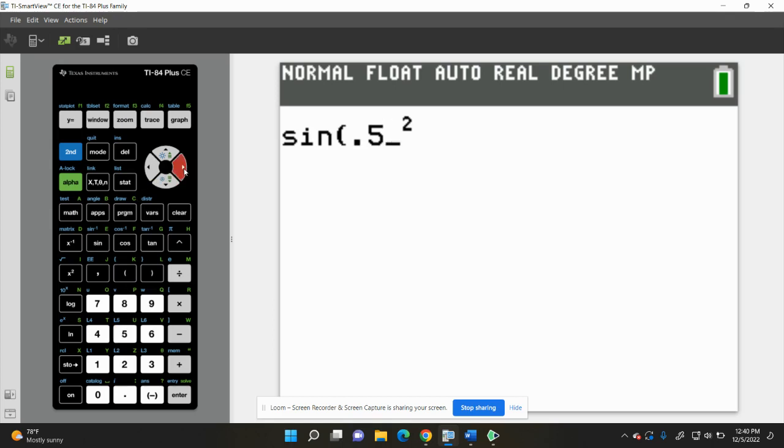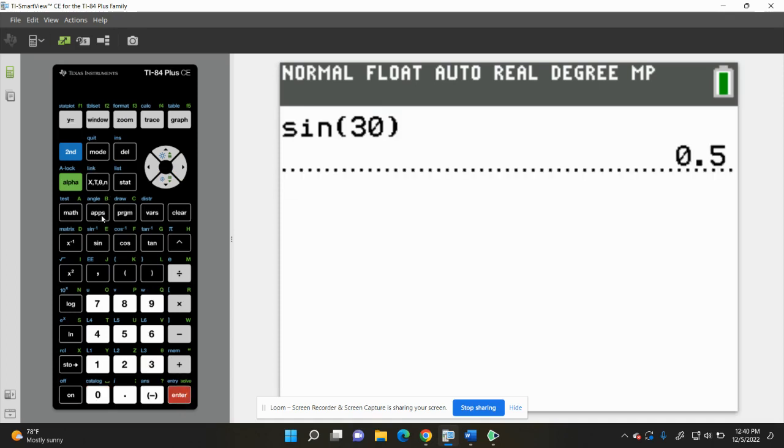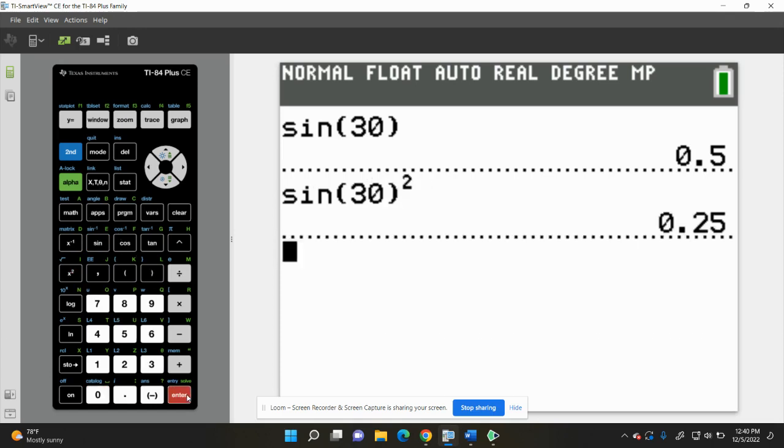Sine of 30, we know, is 1/2, right? So now if I do sine of 30 and I want it to be sine squared, I can just square this and it gives me 1/4. So you can just put it in like that.